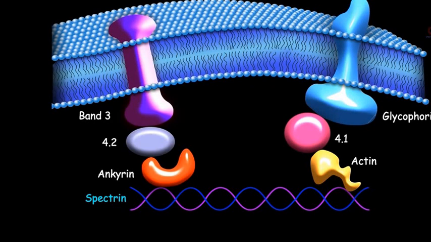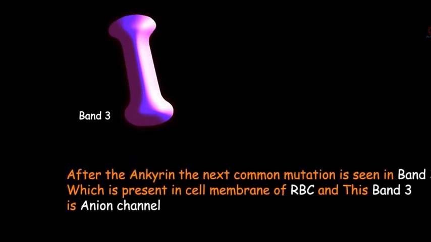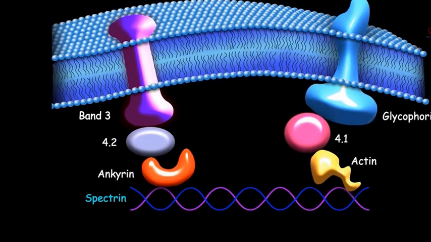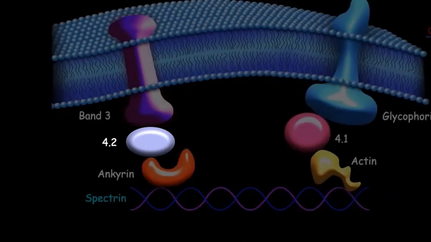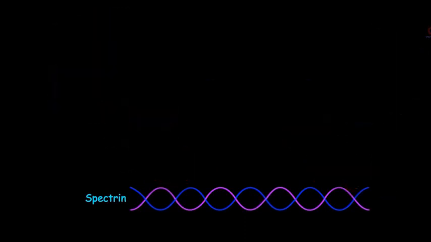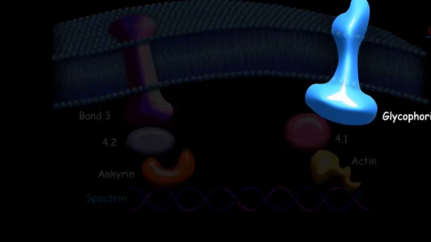So gene mutation particular to these proteins causes hereditary spherocytosis. The most common is ankyrin. After this is band 3, which is an ion channel. And 4.2 is the third most common cause, and it rarely causes hereditary spherocytosis.